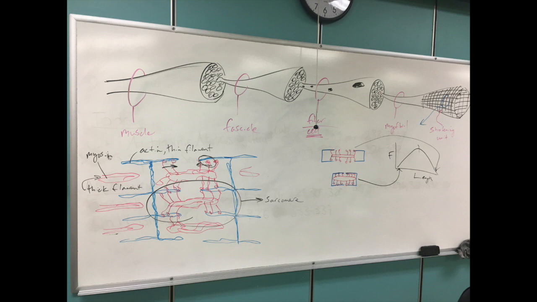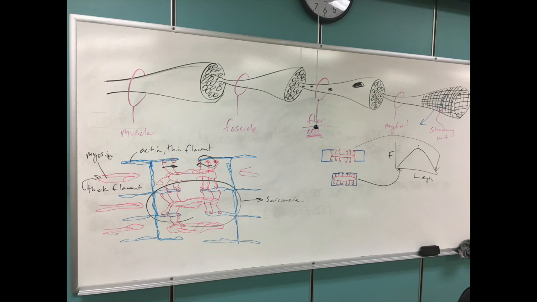And the name of each one of those shortening units is called a sarcomere. S-A-R-C-O-M-E-R-E. So I mean, really, we're looking at like tubes within tubes within tubes, right?